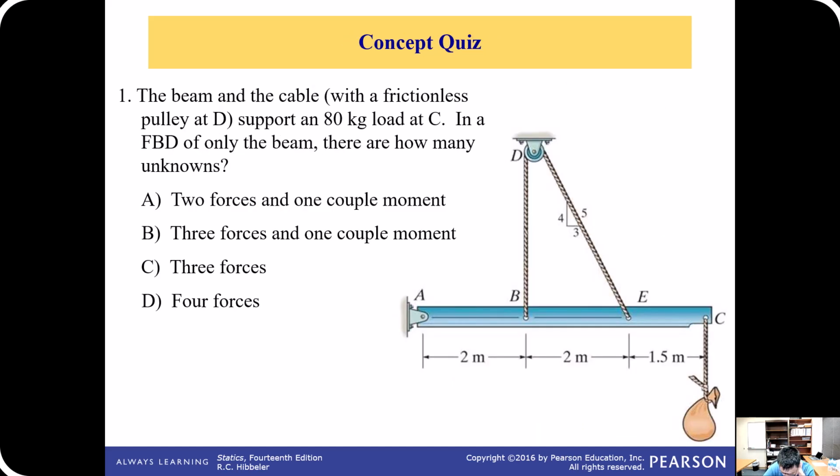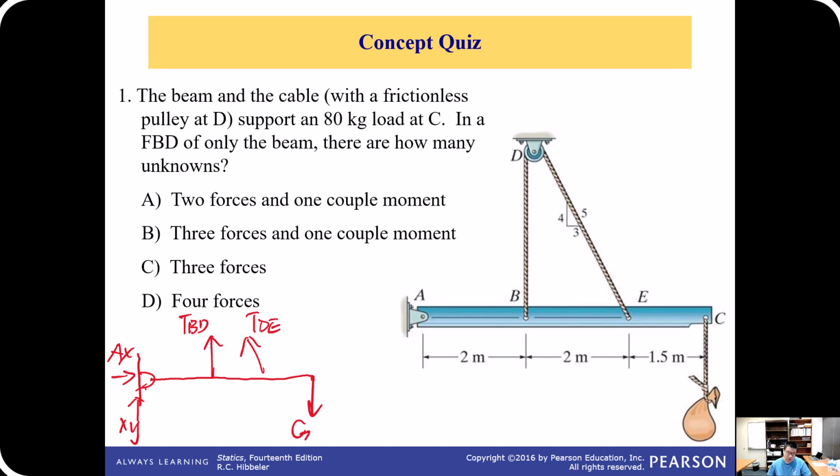So what about this one? How many unknowns are in this system? As we know, A is a pin, Ax, Ay, and also we have tension TBD, and tension TDE, and C is the self weight of the 80 kilogram load.